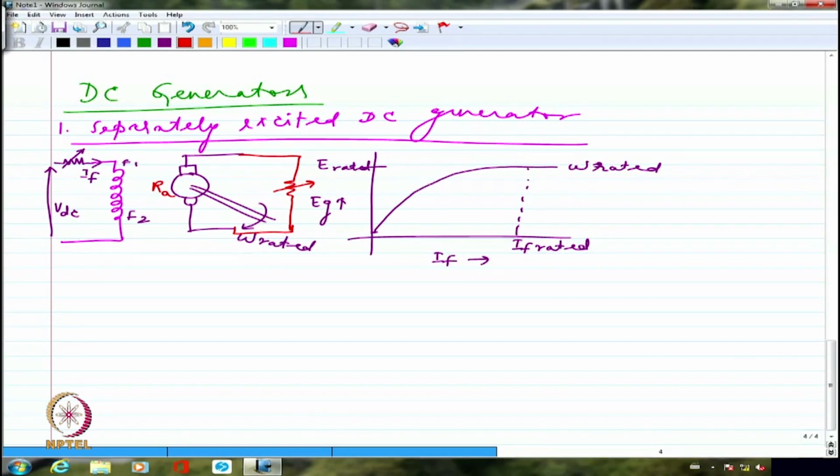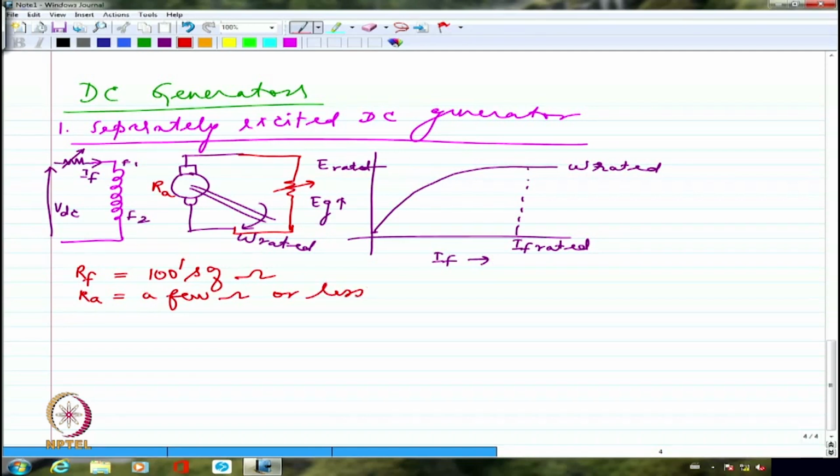Although they are all copper conductors, thick conductors, no doubt, I will still have some amount of resistance. So if I say that the field resistance is generally hundreds of ohms, armature resistance will be generally a few ohms or less.